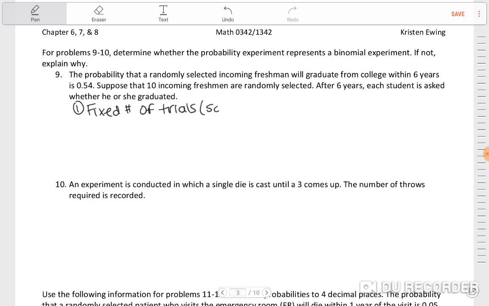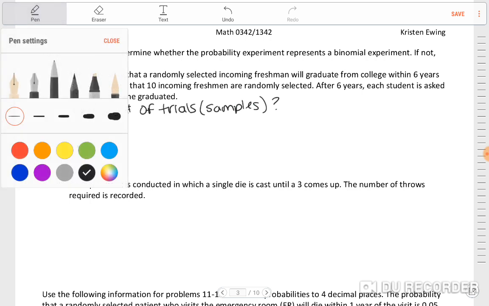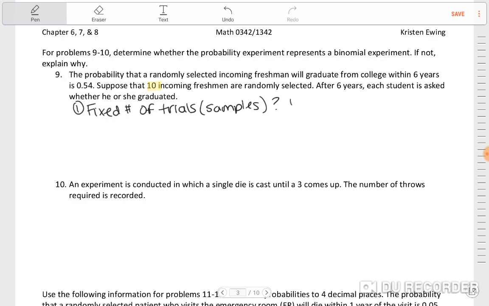Trials, or in other words, samples. And the answer to that is yes. The fixed number says that we're talking to 10 incoming freshmen. So n is equal to 10. Okay, so the first one's satisfied.